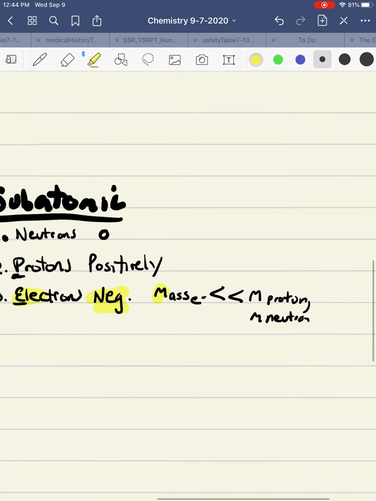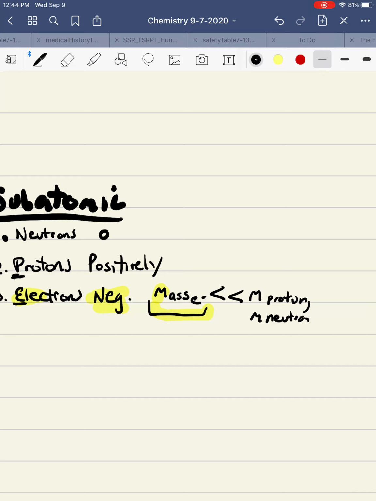Quick summary from before. The mass of an electron is about 1/2000th of a proton. In other words, you need 2,000 electrons to actually equal the mass of one proton.